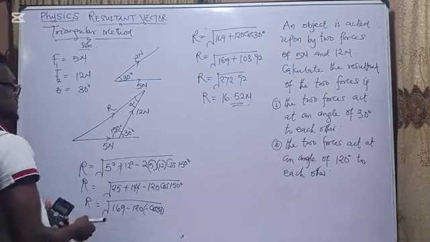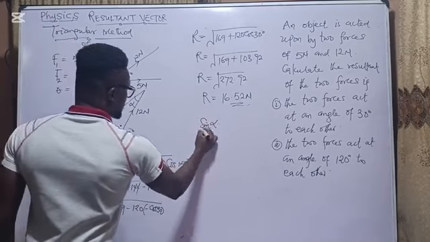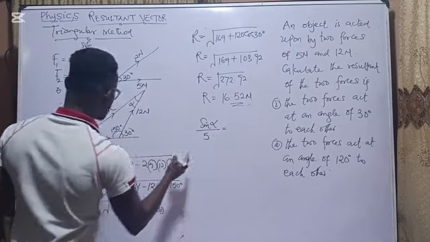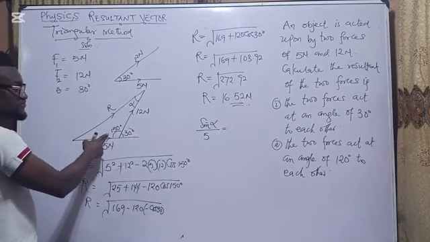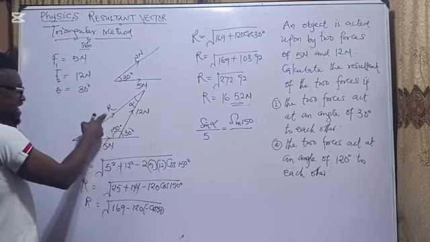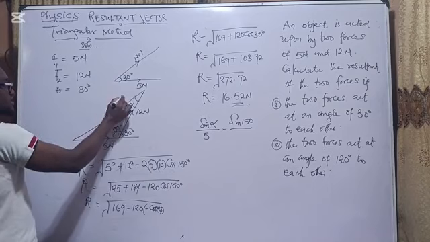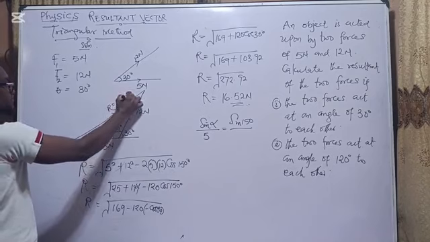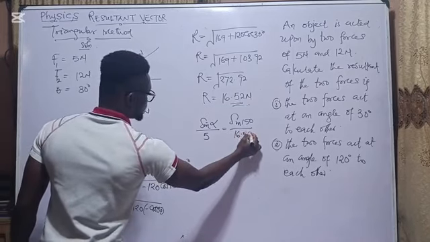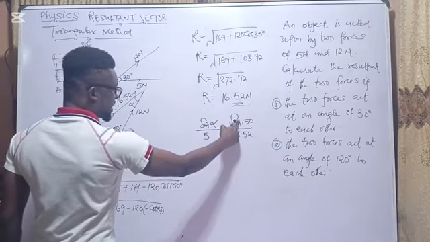So the direction will now be sine of this angle all over the side of it, which is 5 Newton, is equal to the other angle, which is 150, sine 150 all over the side. The side now is the resultant, and we've got the value of the resultant, 16.52 Newton, right? So we have here 16.52 Newton.